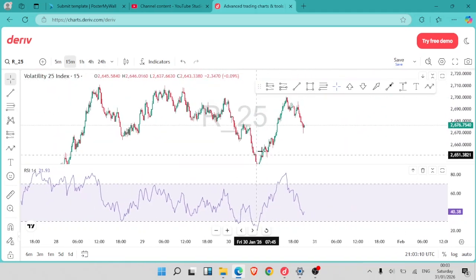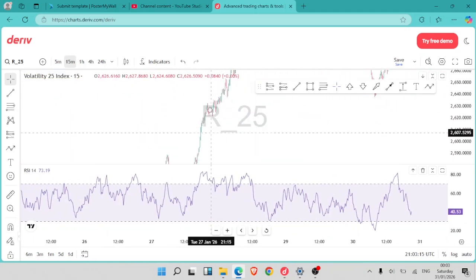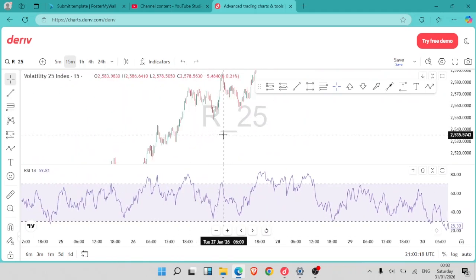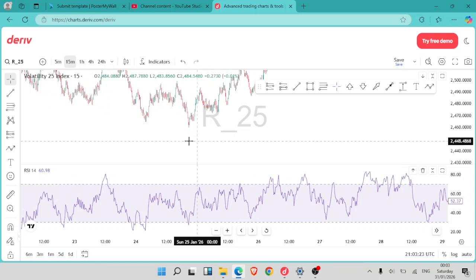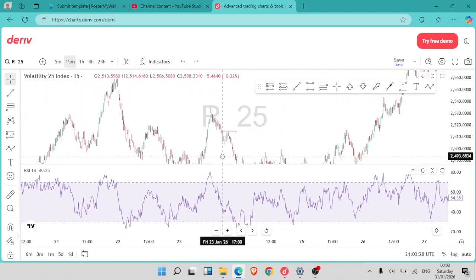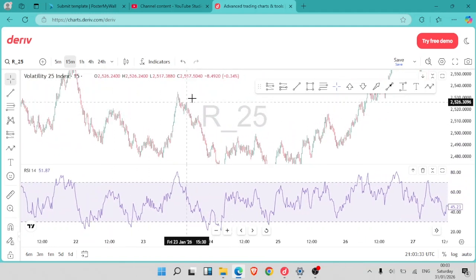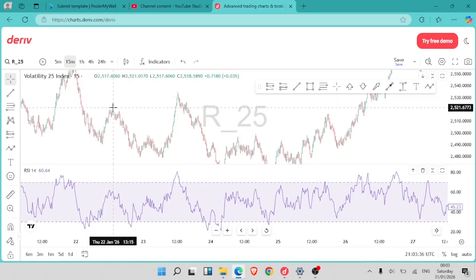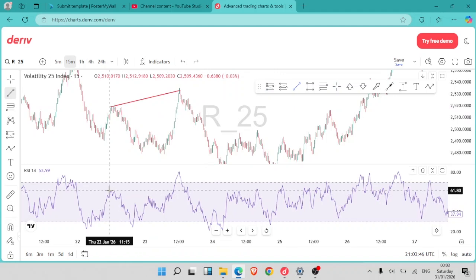So now let us come to the definition of the RSI divergence. In a typical scenario, when price is forming higher highs and higher lows, we expect that RSI is also doing the same thing.